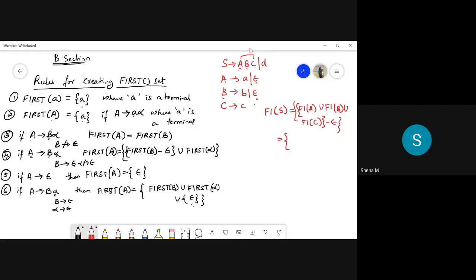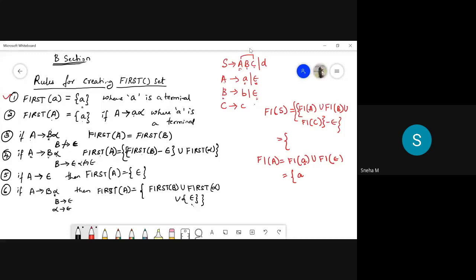So what is the first set of A? I cannot fill this until I write the first set for A. Take this production: it is first of A. Union first of, we take this production, epsilon. Is there anything like first of epsilon, or is it just directly epsilon?